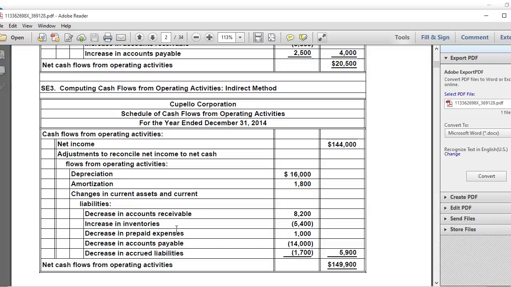When we decrease a prepaid expense, we add to it. When we decrease an accounts payable, we subtract because we used cash to decrease that accounts payable. When we decrease an accrued liability, we're going to subtract from it. I'll let you sit here a minute.